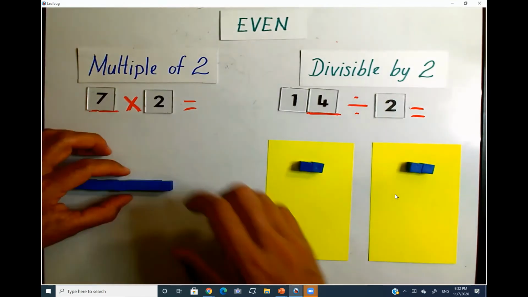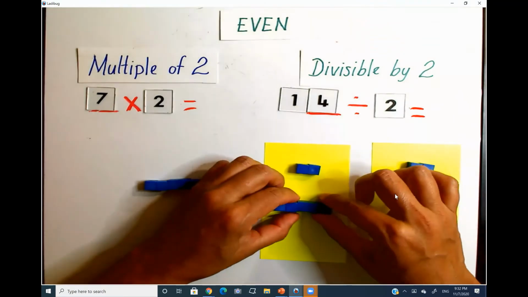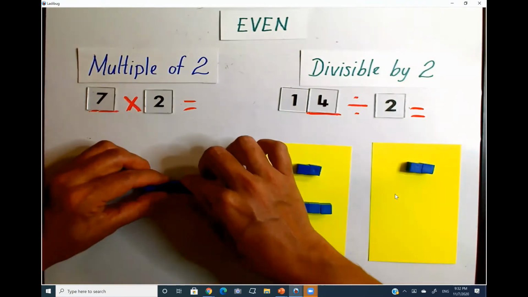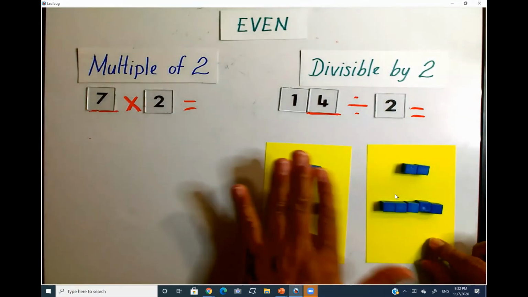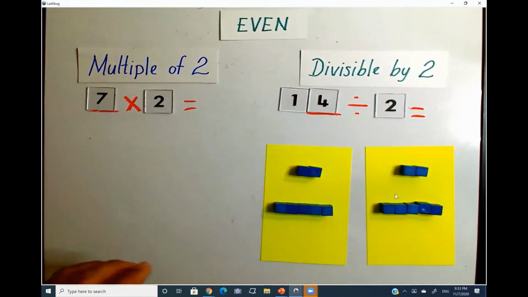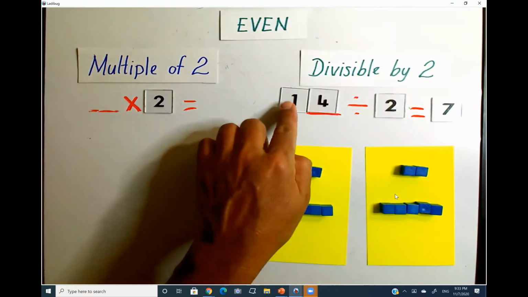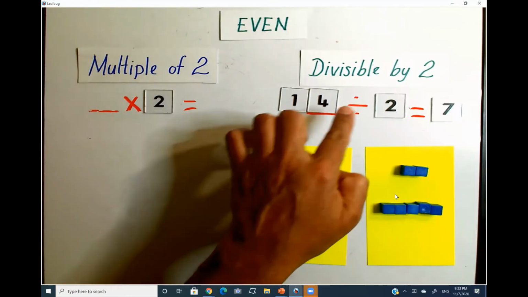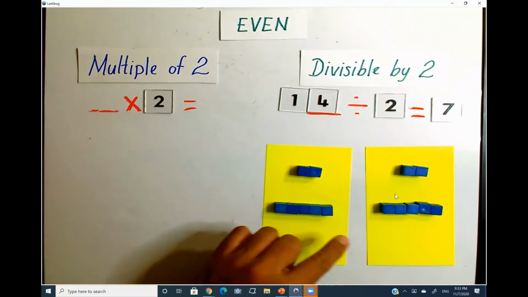So this is going to be 5 and 5 makes a 10, and the 2 and 2 that we had before make the 4. So 10 plus 4 is going to make 14. Now if you notice, each group has 7. So I have 2 equal groups of 7. So my answer to my division is going to be 7, because I can divide 14 exactly into 2 equal groups. Then 14 is going to be an even number.